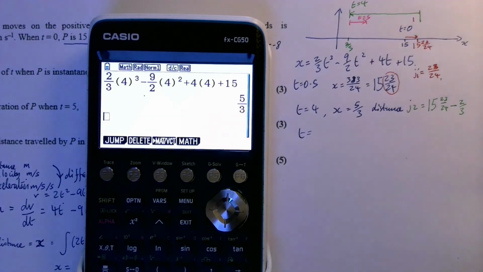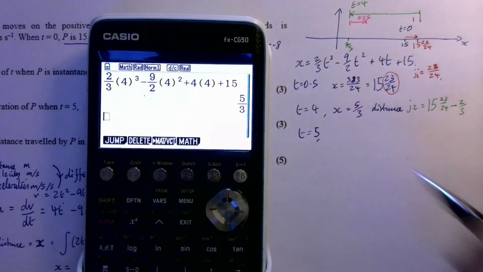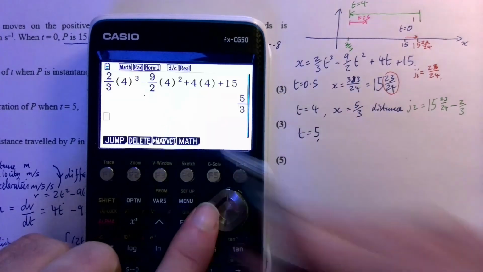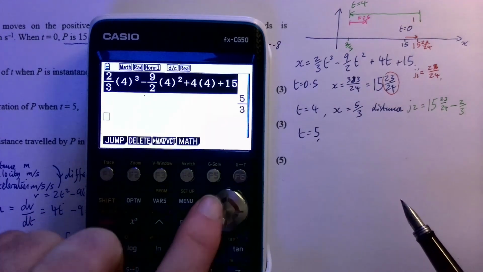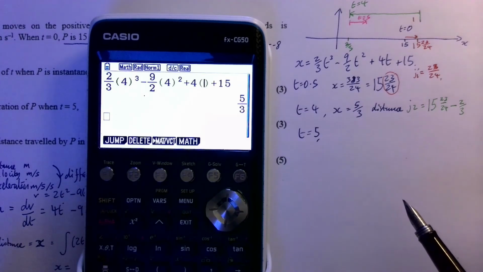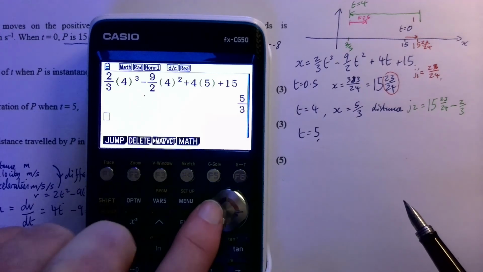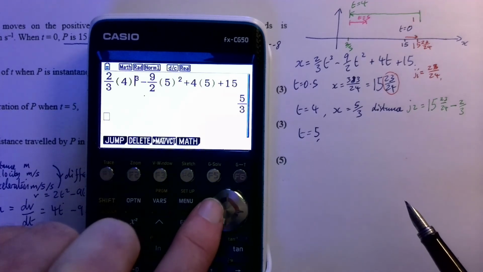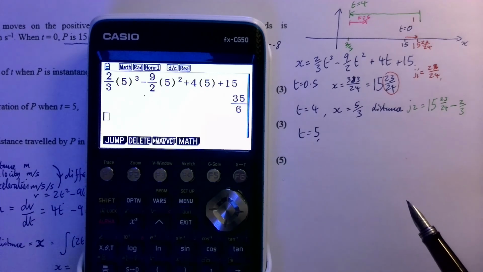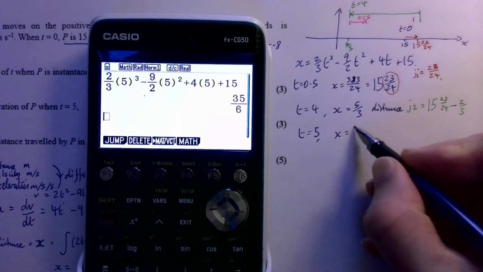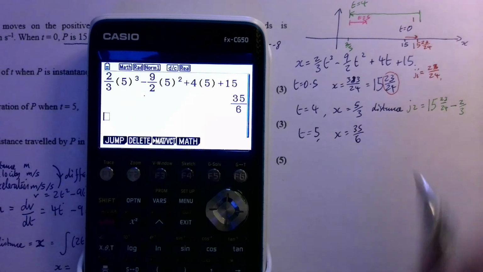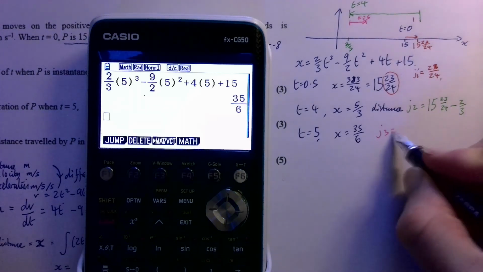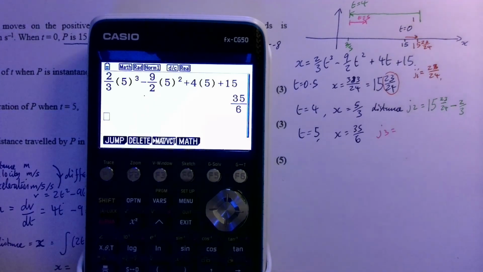So again, we just pop along to here, we say t equals 5, and you should really write all of this bit out as working, but I'm just going to go through it here so you can see what I'm doing. 5, pop the 5 in there, and that gives us 35/6.